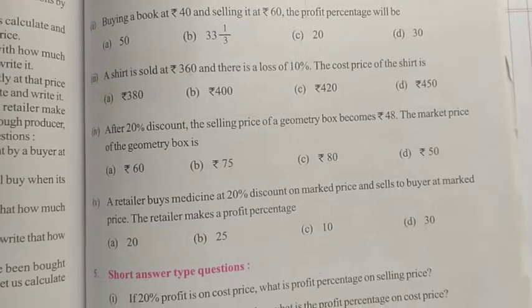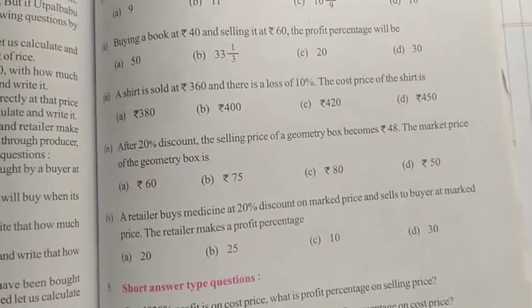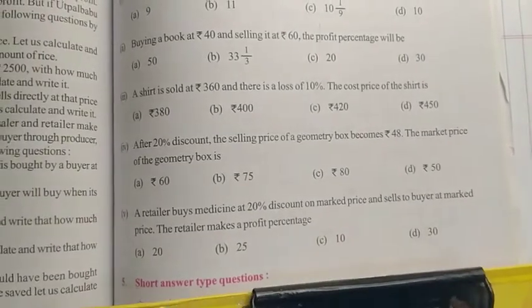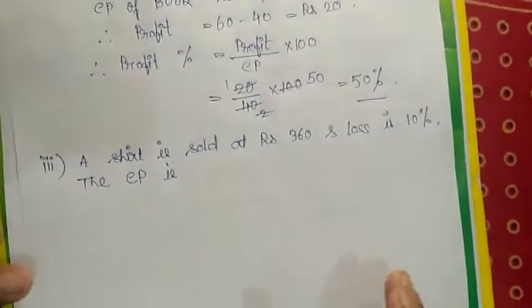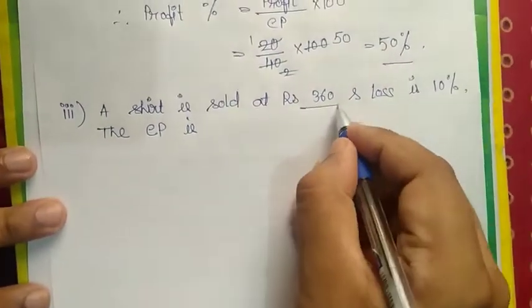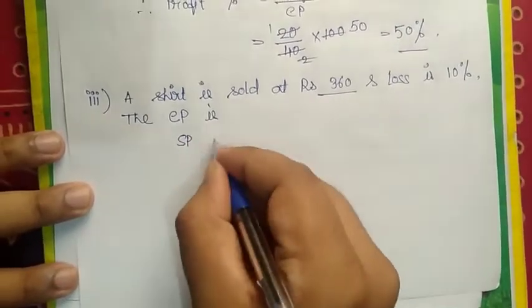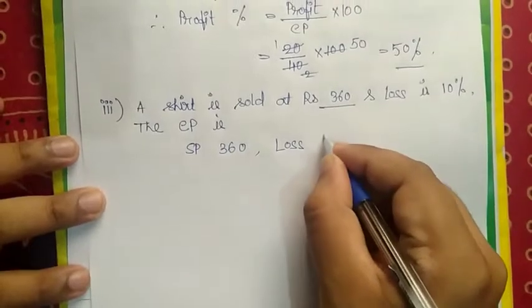This is 4 part 3. A shirt is sold at rupees 360 and there is a loss of 10%. We have to find the CP of the shirt. We don't know the CP, we know the SP is 360. So SP is 360, loss is 10%.